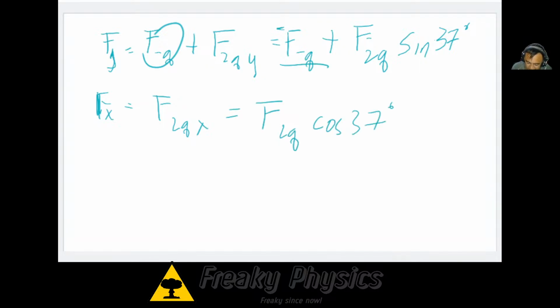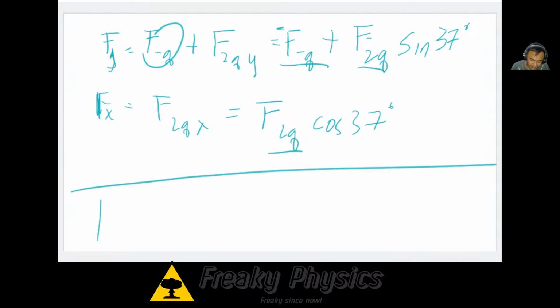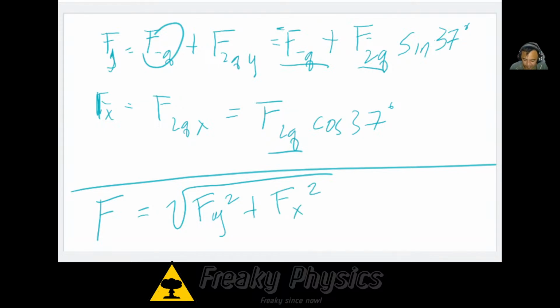So once we find these values, just calculate, and then finally, the final answer here will be F equal to the square root of Fy squared plus Fx squared. Why is it like this? Because again, these are forces acting in different directions, but on the same object. So you have to do it by component to make it easier.